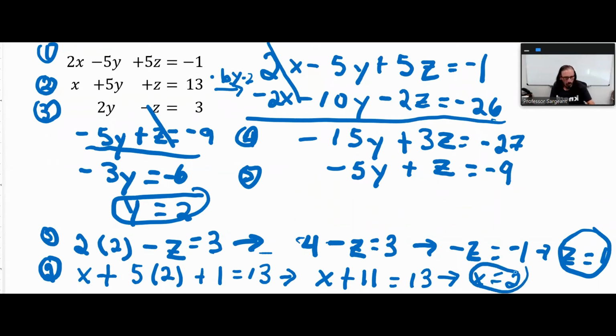And if you want to check that in the first equation, which was 2x minus 5y plus 5z equals -1. And as an ordered triple, we're finding x is 2, y is 2, and z is 1. Well, let's see here.